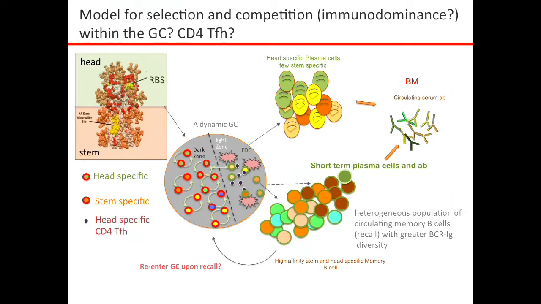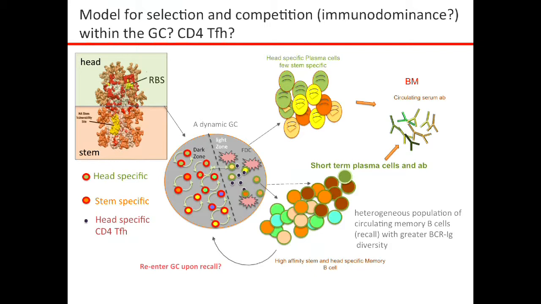So I propose this model that this is head and this is stem. Okay, so again, we'll go back to our dynamic GC again. And the CD4 T follicular helper cells seem to be all against the head. We haven't found any CD4 T cells that are directed against the stem.